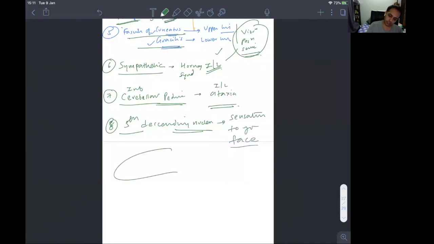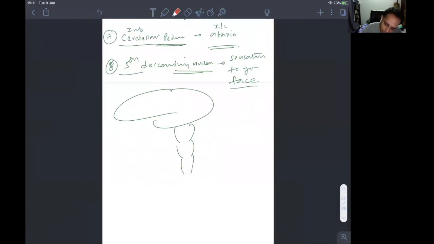In your brainstem, the fifth nerve actually extends from your pons down to your medulla, and this is the descending nucleus. The sensory supply is such that, if this is your face, as you go up the fifth nerve nucleus, the sensory supply goes from outward to inward.